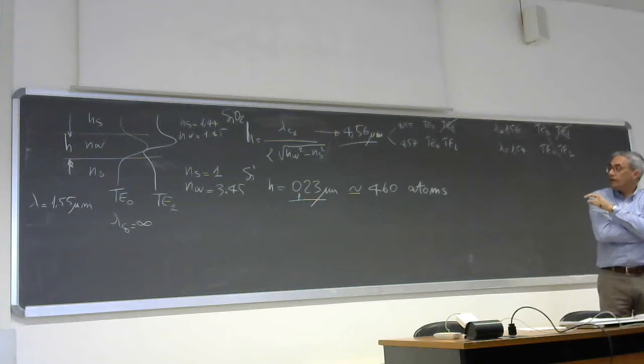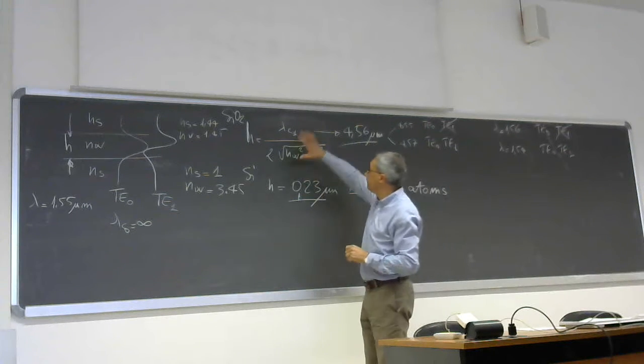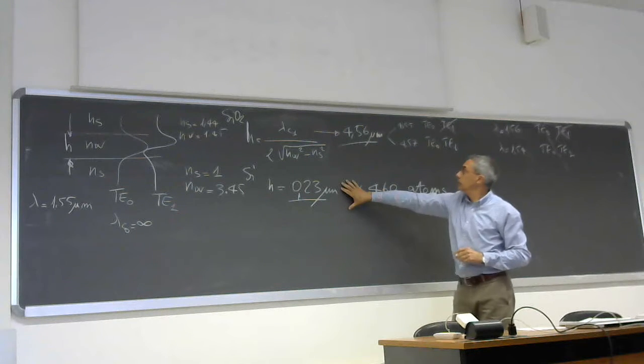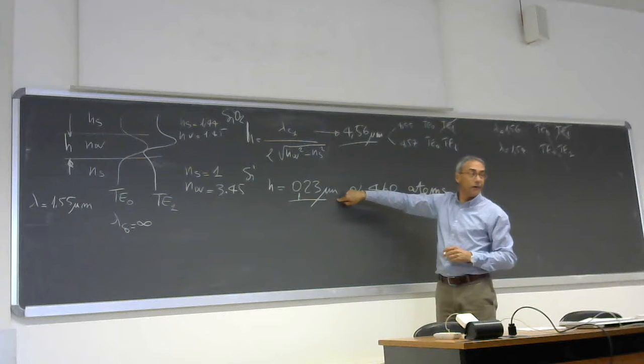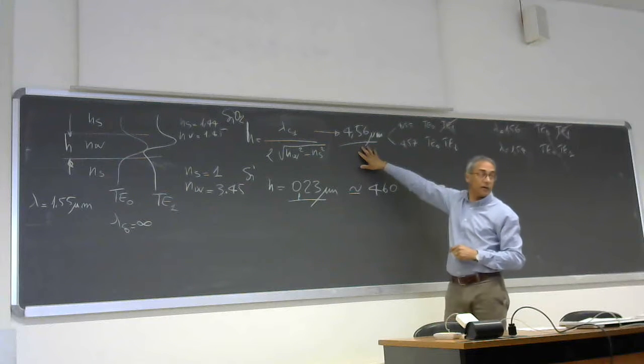This has a tremendous impact on the technology, because if you wanted to build this waveguide or this waveguide, the technology is not the same. Here you have to control really the nanometer. This one is much larger.